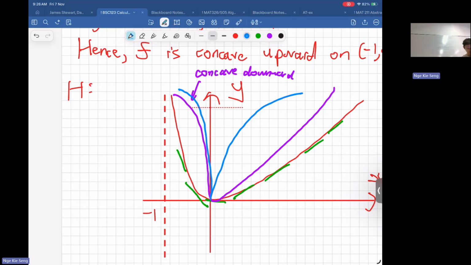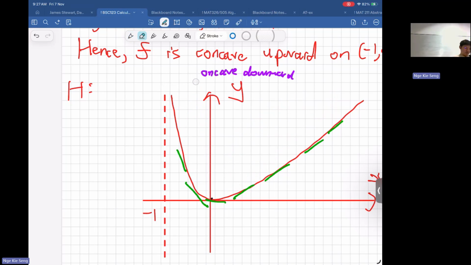So different ways of increasing and decreasing. Or if on the other hand you want another combination, maybe you concave upward decreasing, and then concave downward increasing like that. But in this case it is concave upward always.